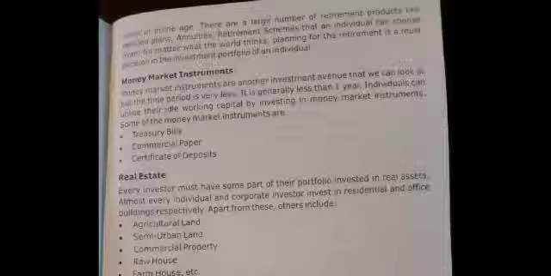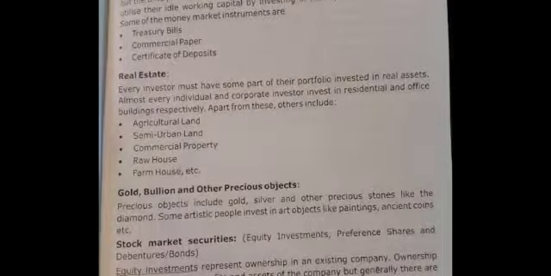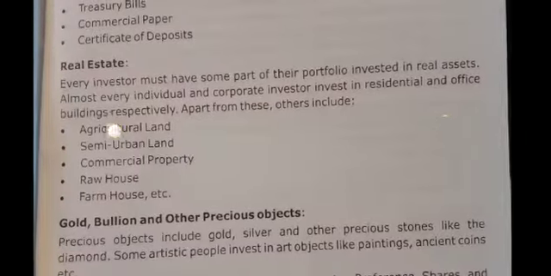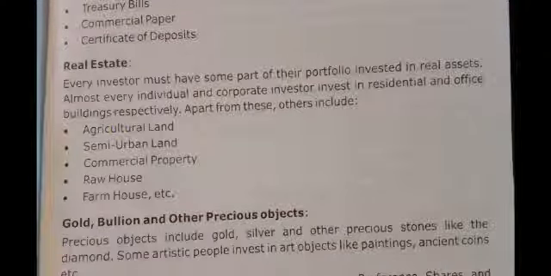So here is one more avenue, that is real estate. As usual, you are all familiar with agricultural land, and since you come from a semi-urban area, you are also familiar with commercial property, row houses, farm houses, like that. There are several types of assets available.